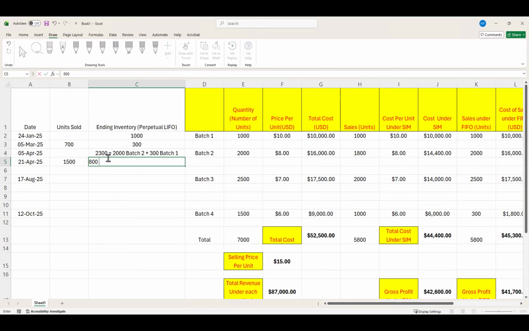And this 800 is comprised of how many from batch 1 and how many from batch 2? Ending inventory. Excellent answer. So 500 from batch 2 and that entire 300 from batch 1 are remaining. Very good. Perfect. That's it.